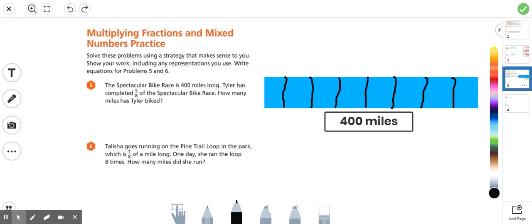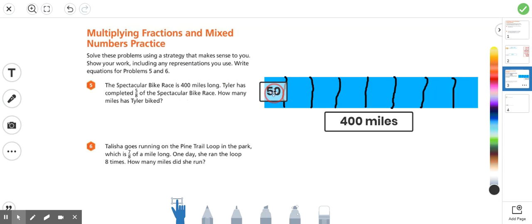Well, I might not know what that is off the top of my head, but I do know that 8 times 5 gives me 40. So if 8 times 5 gives me 40, then 8 times 50 would give me 400.